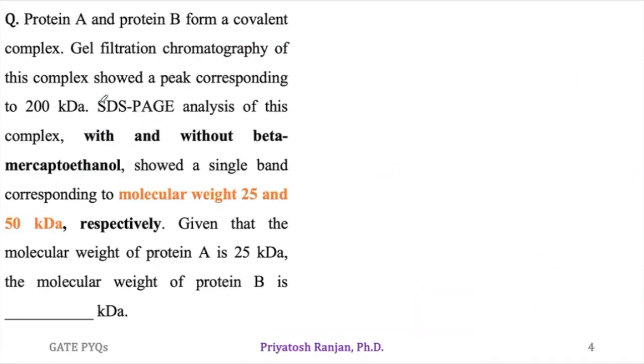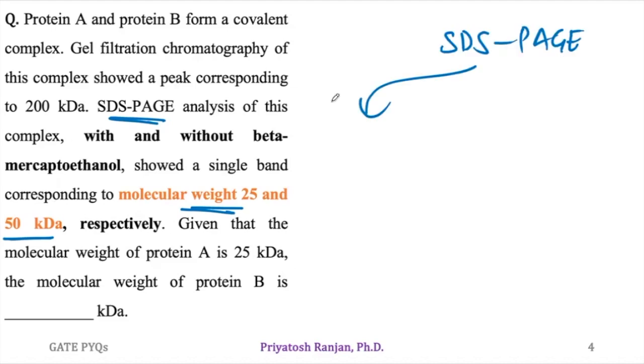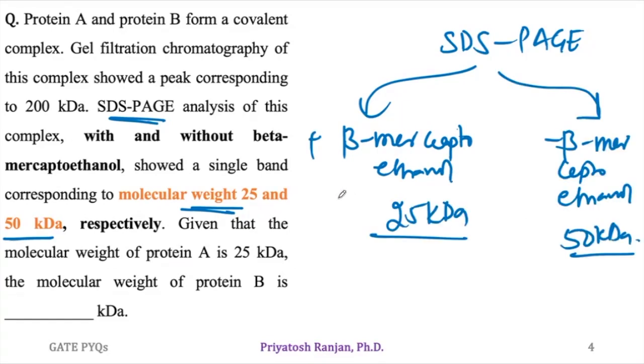If the SDS-PAGE analysis with beta-mercaptoethanol gives 25 kilodalton, while without beta-mercaptoethanol it gives 50 kilodalton, this time I'm changing the molecular weight in the presence and in the absence of beta-mercaptoethanol. Now, this makes much more sense.